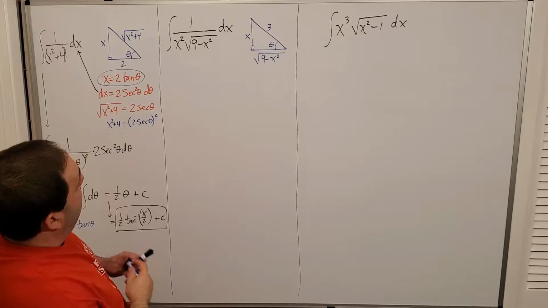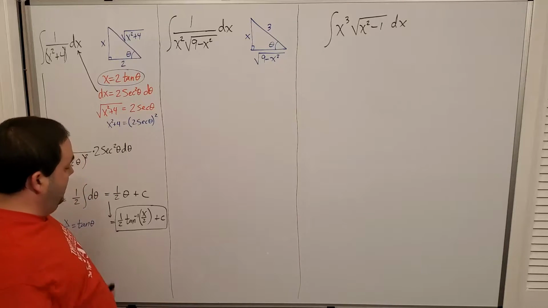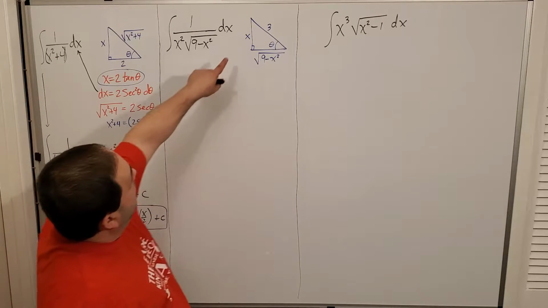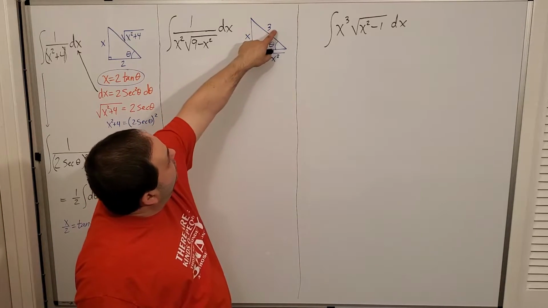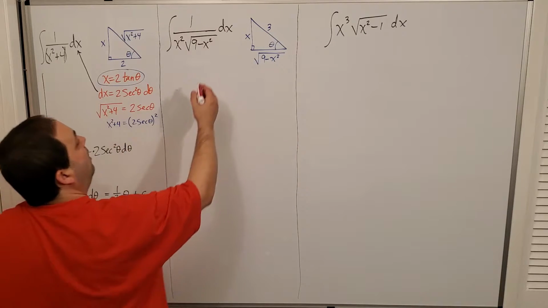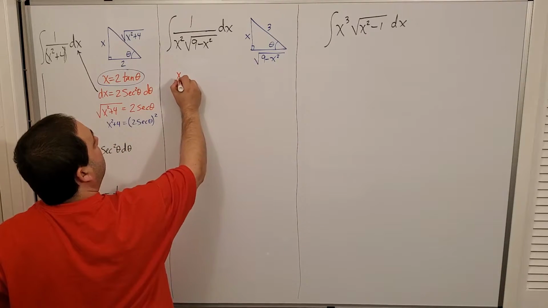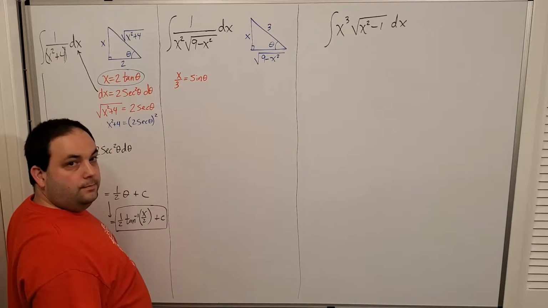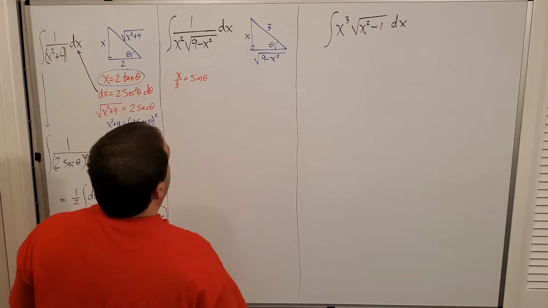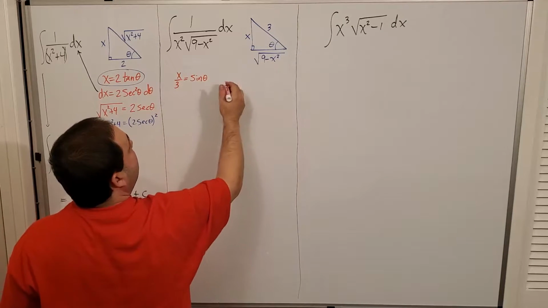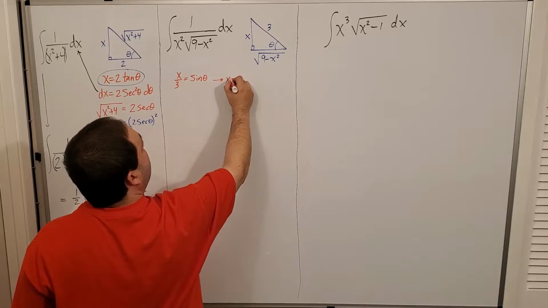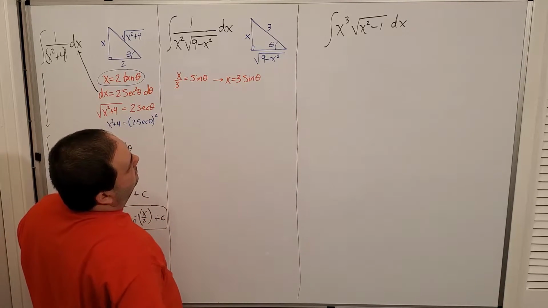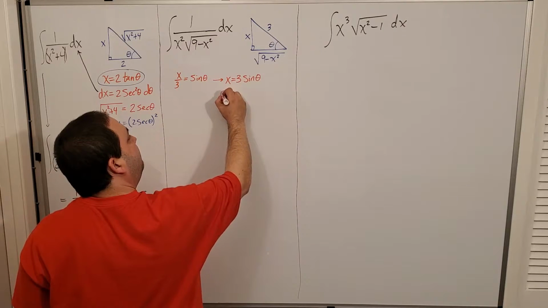So then my information from the triangle starts with this. X over 3, right? X over 3 is equal to sine theta, right? Then this tells me that x is equal to 3 sine theta. So I take the derivative.